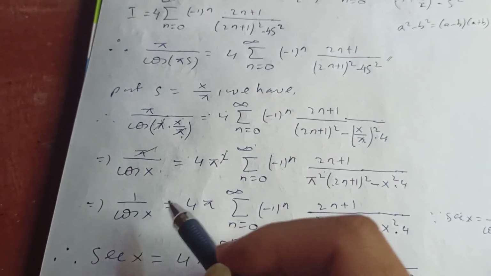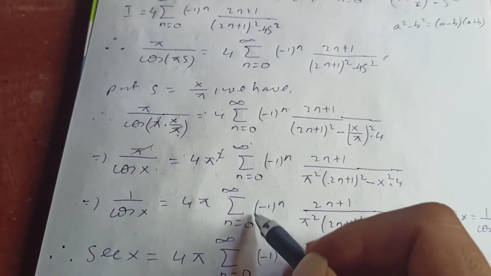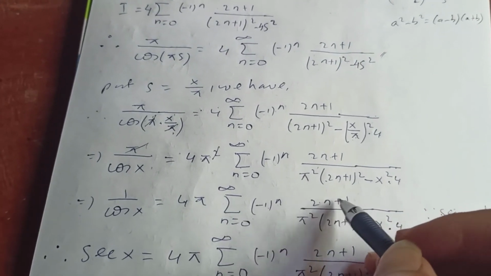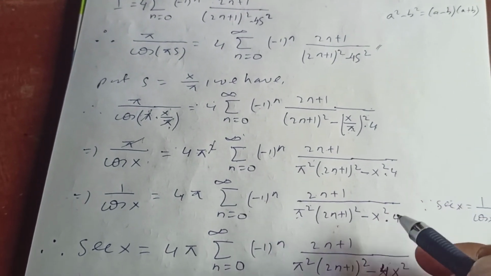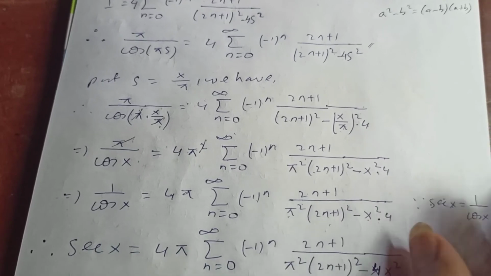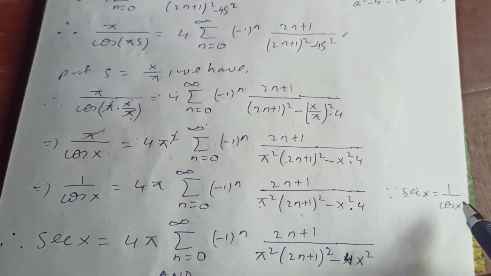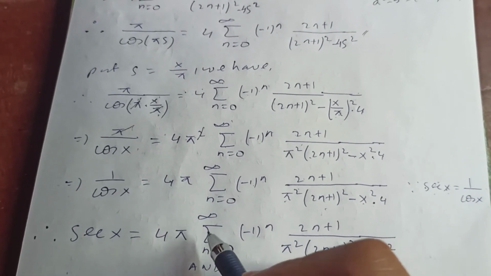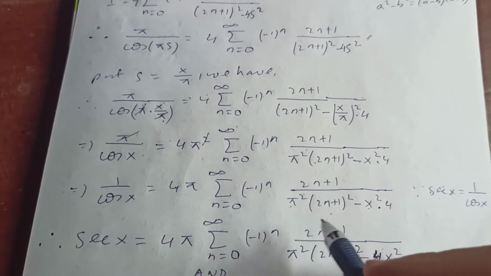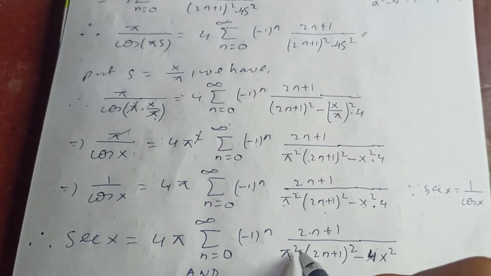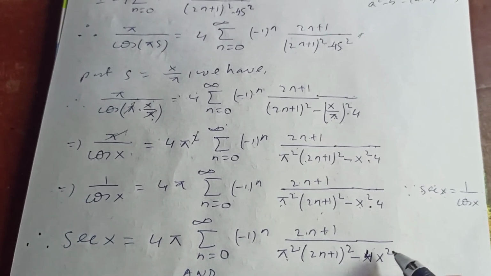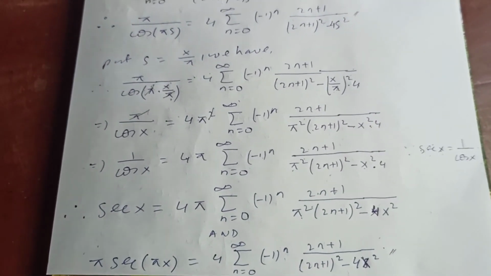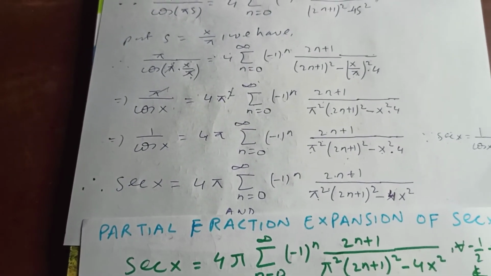So 1 over cos x is 4 pi sum from n equal to 0 to infinity minus 1 to the 2n plus 1 upon pi square 2n plus 1 whole square minus x square into 4. We know that secant x is 1 over cos x, so this is nothing but secant x is 4 pi sum from n equal to 0 to infinity minus 1 to the 2n plus 1 upon pi square 2n plus 1 whole square minus 4x square. This is what we are exactly trying to find out, okay?